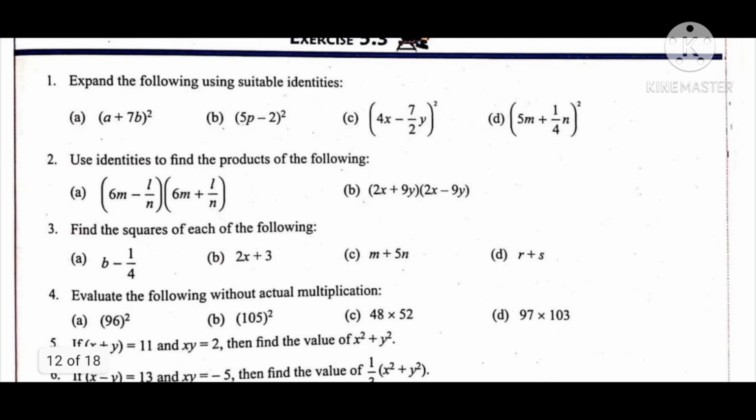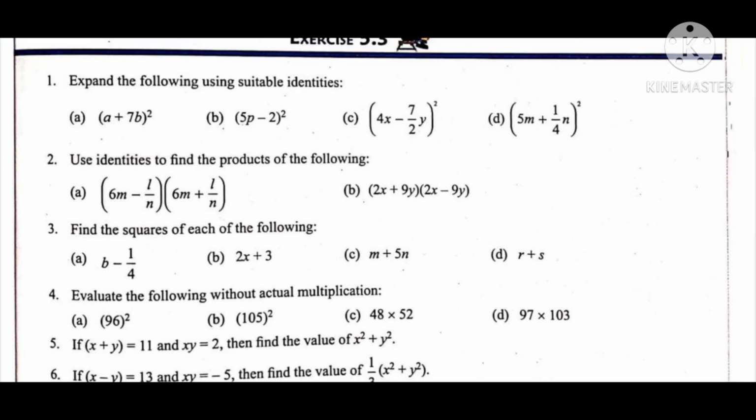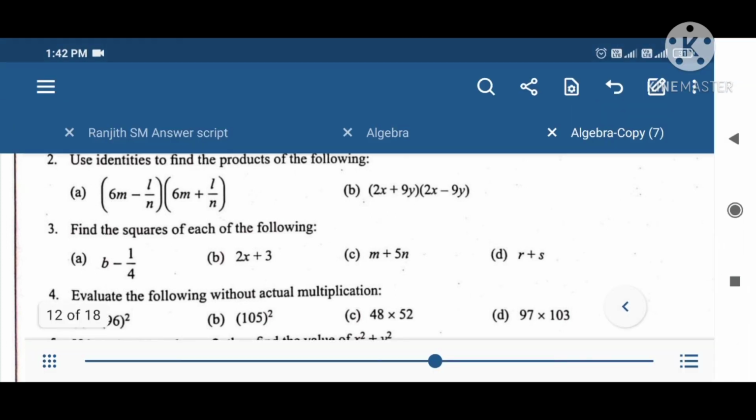So in the second question, use the identities to find the product: 6m minus L by n, 6m plus L by n. The question is 6m minus L by n into 6m plus L by n. It is in the form x plus y into x minus y. So we need to use the identities.